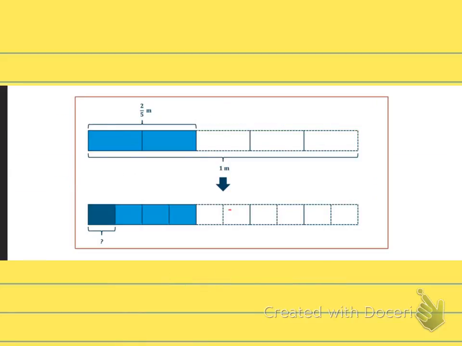Okay, so the visual for this would be, remember the division problem says we're dealing with 2/5 divided by 4. So that's how we have 2 out of 5 pieces, right? 1, 2, 3, 4, 5.